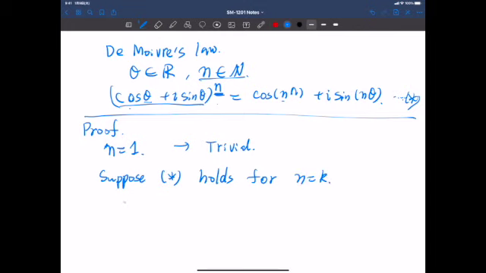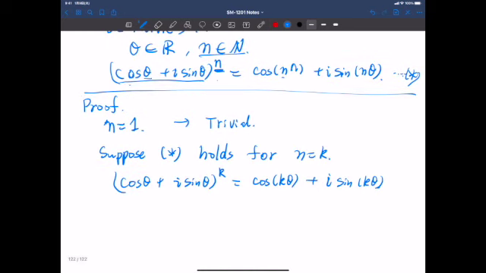Then this means cosine theta plus I sine theta to the power of k is equal to cosine k theta plus I sine k theta. Okay, so we can take this equality for granted by assumption.